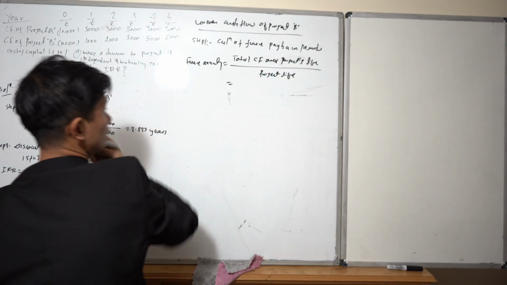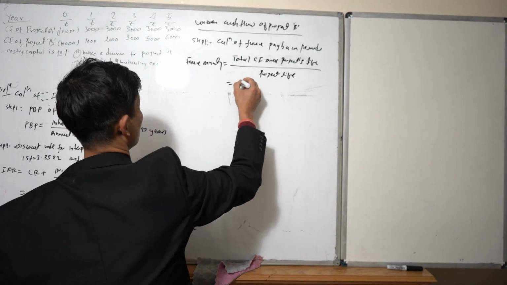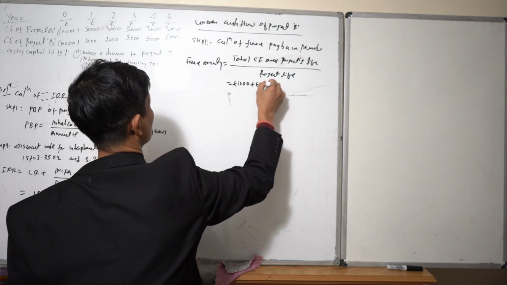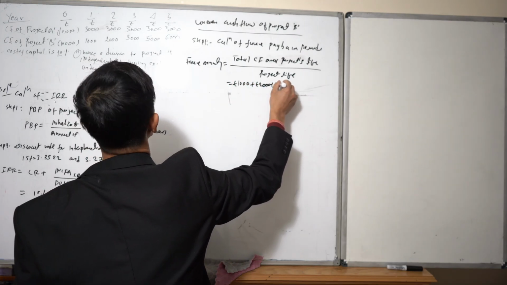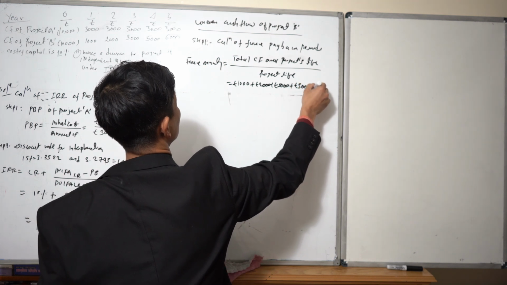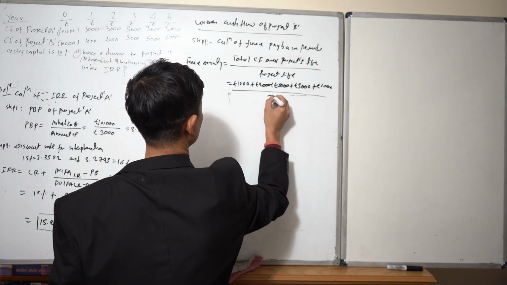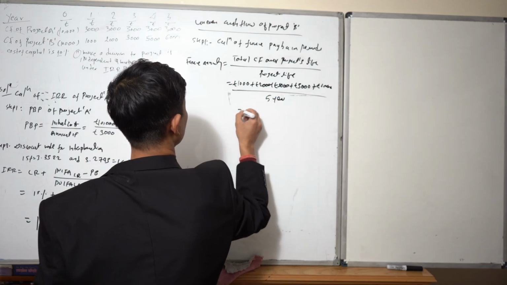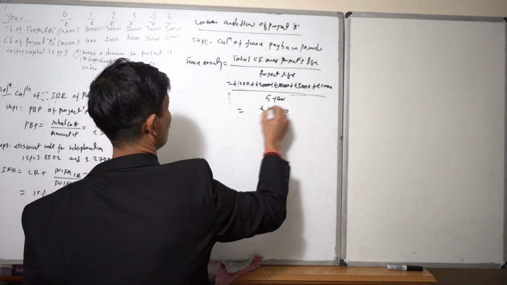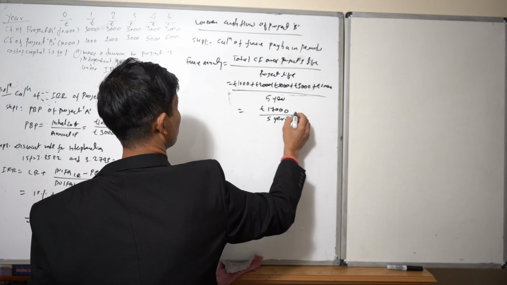So total cash flow over project life, let's simply add up all of this: 1,000 pound, 2,000 pound, 3,000 pound plus 5,000 pound plus 6,000 pound, and the project life we know is 5 years.